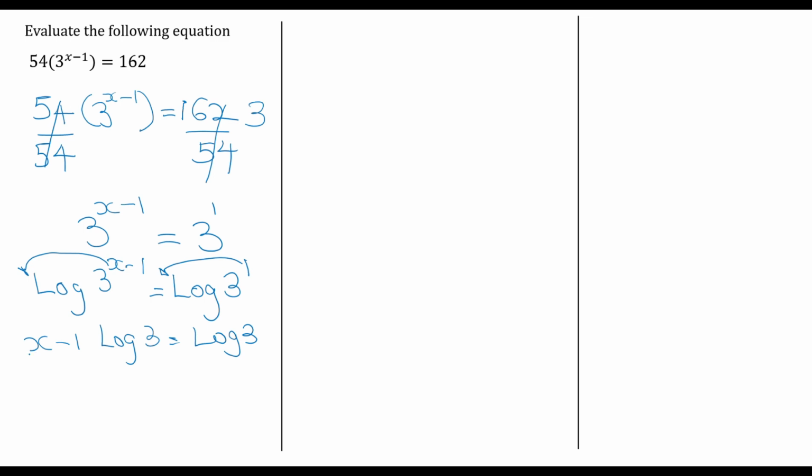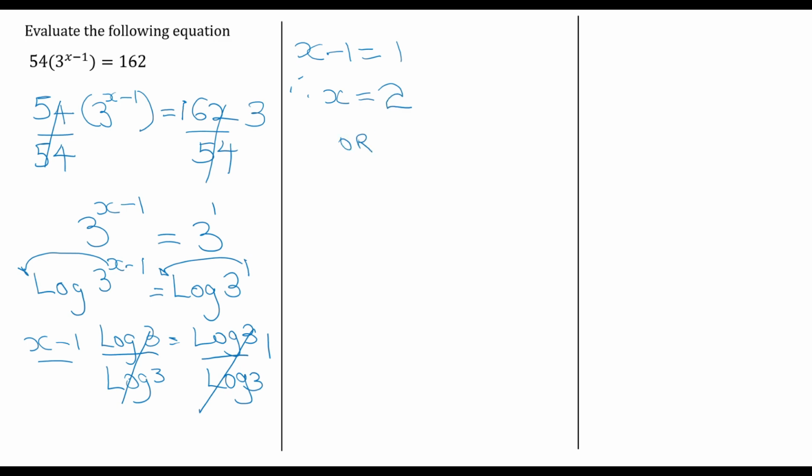Since you're interested in the value of x, you make it the subject, so you divide both sides by log 3. You cancel on the right hand side, you're left with 1. On the left hand side, you're left with x minus 1 is equal to 1. Therefore, x is equal to 2.